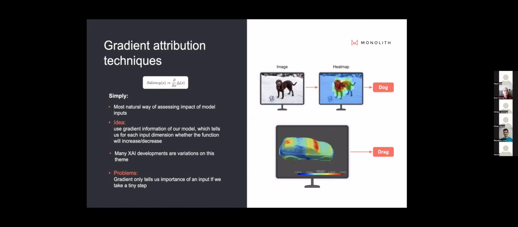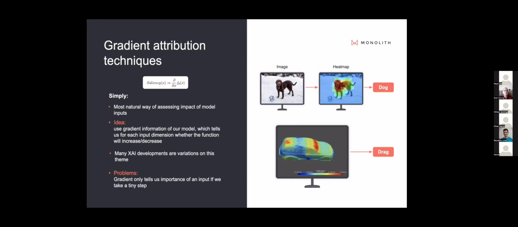And effectively, explainability is really, for some trained model and some output, we're interested in calculating the impact of a particular input feature for the prediction. So in the case of the dog classification, an input might be a pixel.